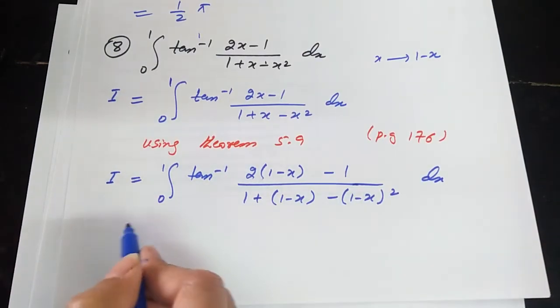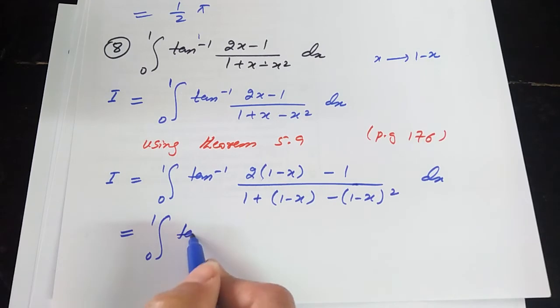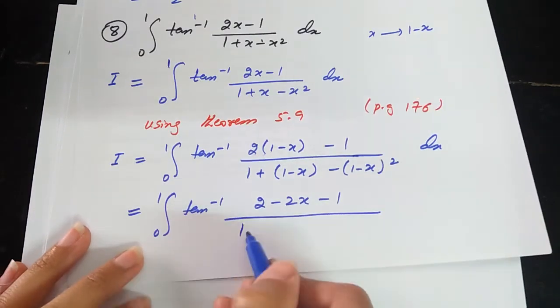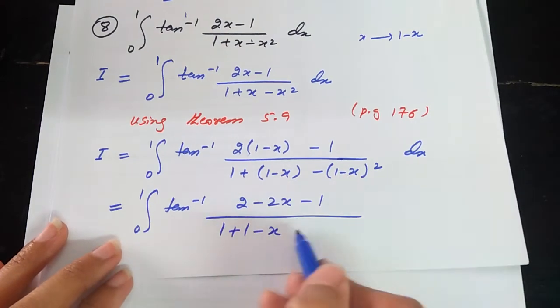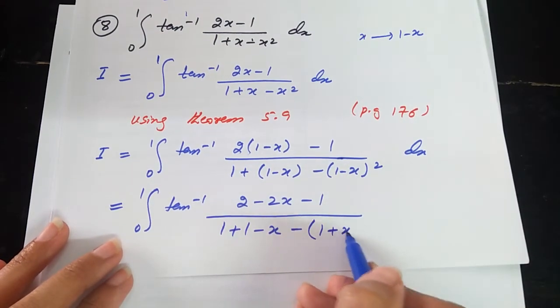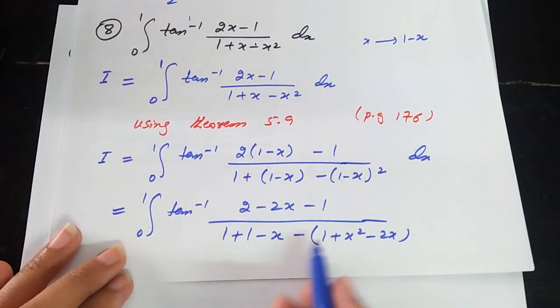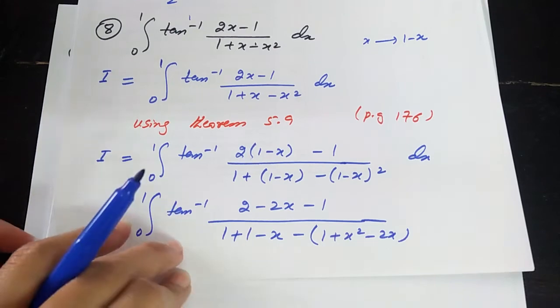Open all these terms, you will get 0 to 1 tangent inverse 2 minus 2x minus 1 over 1 plus 1 minus x. This thing will be opened as 1 plus x square minus 2x using the formula of a minus b whole square.